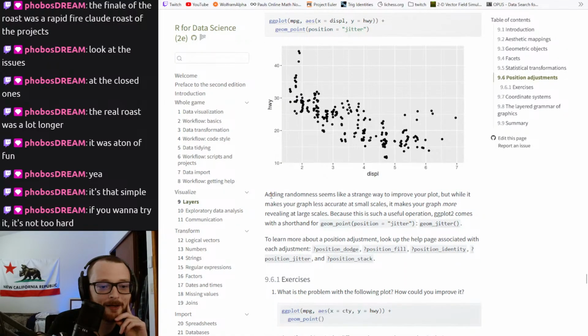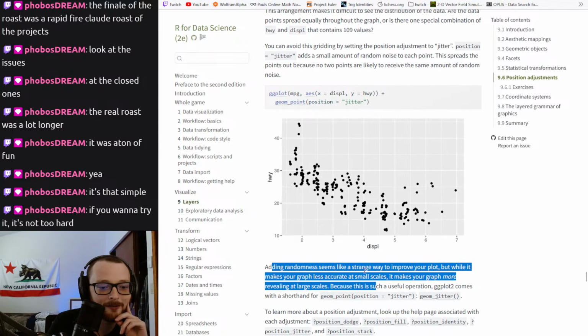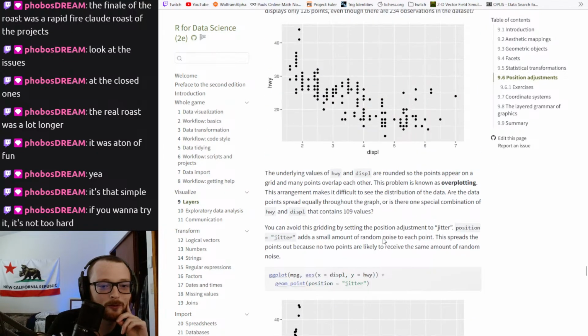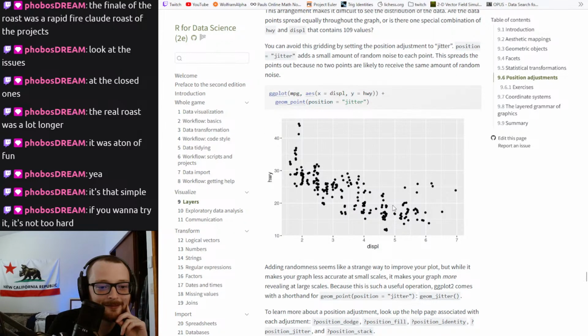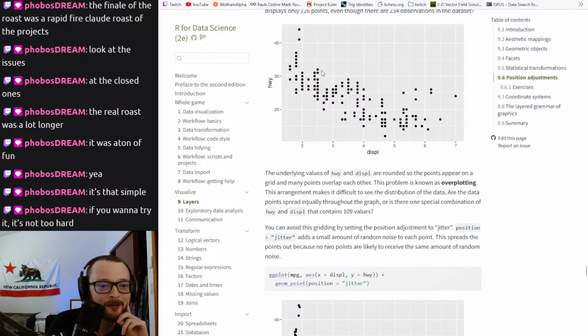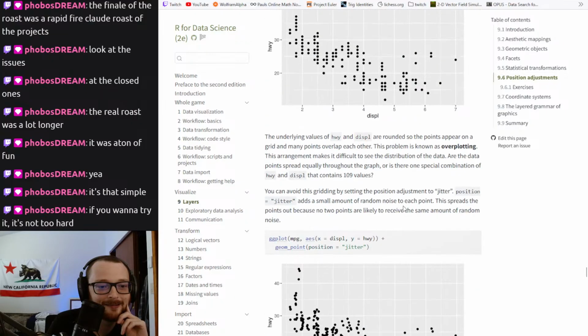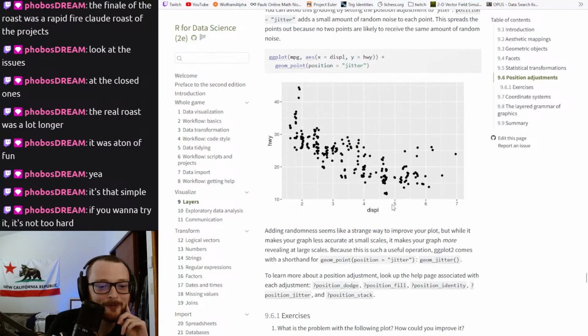I've never heard of adding randomness to scatter plots. This is more revealing than this, according to them. I guess because this looks too much like a pattern when it's not. This makes me so uncomfortable though.